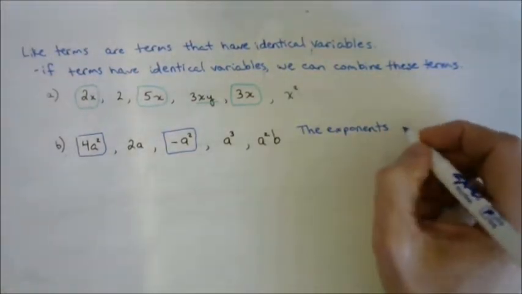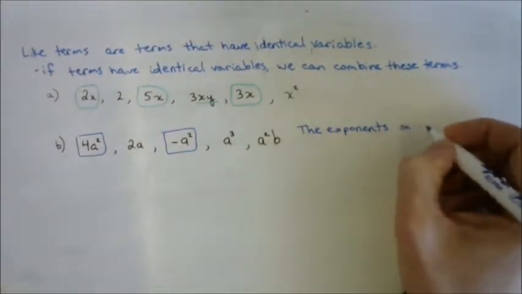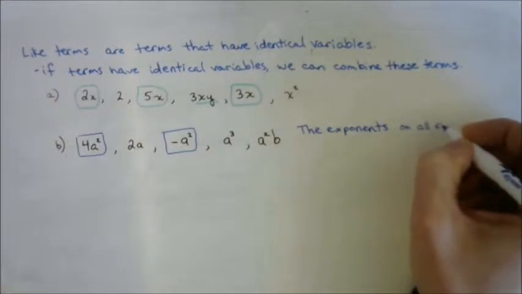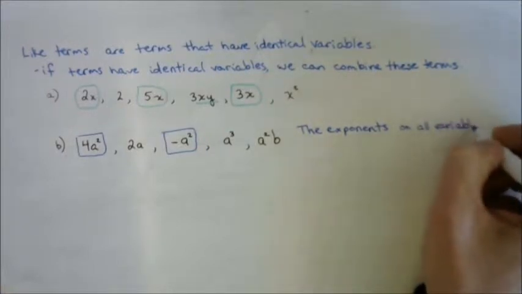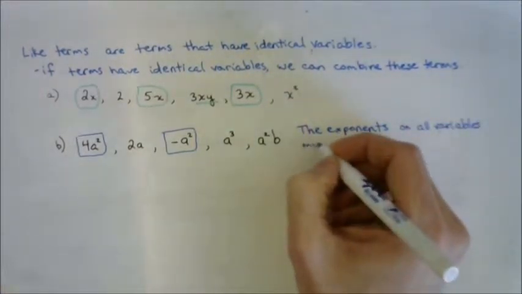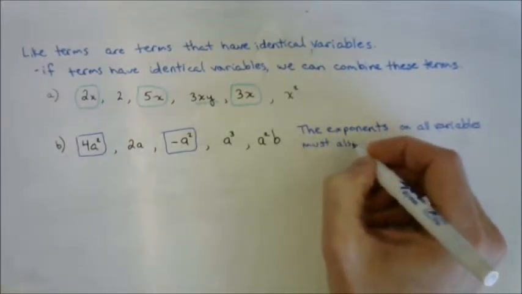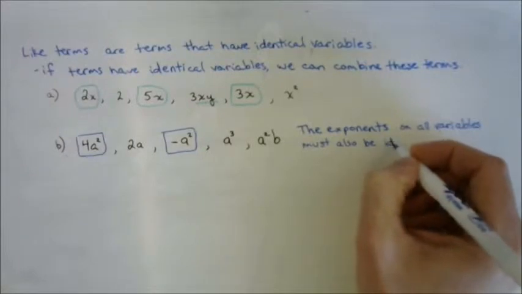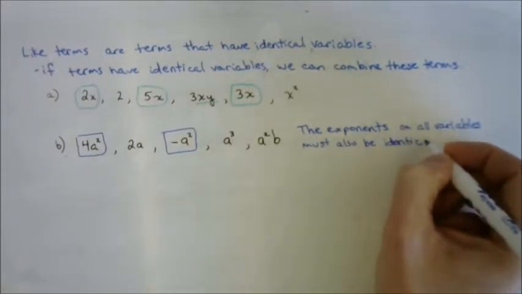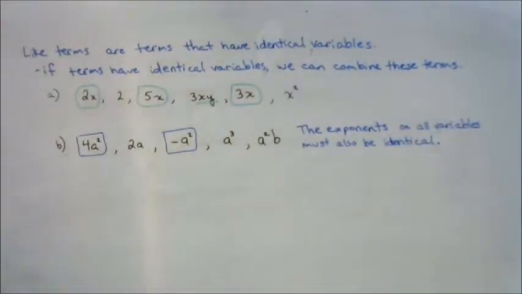So the exponents on all variables must also be identical. So we're looking for the letter to be the same, and then also looking for the exponent to be the same.